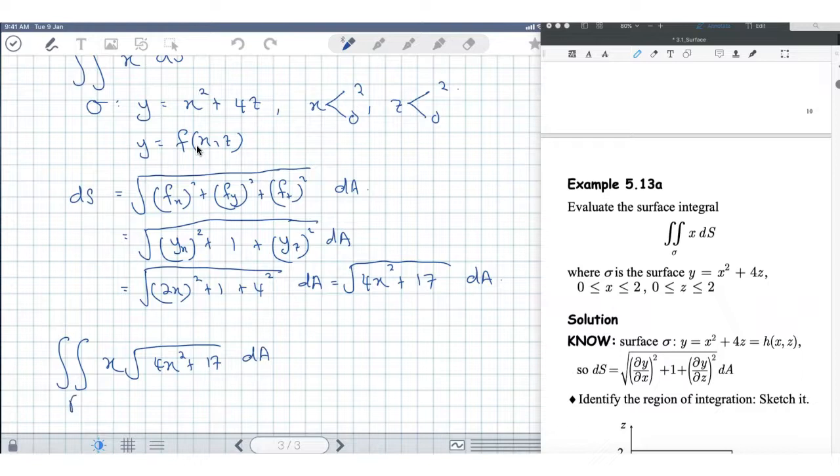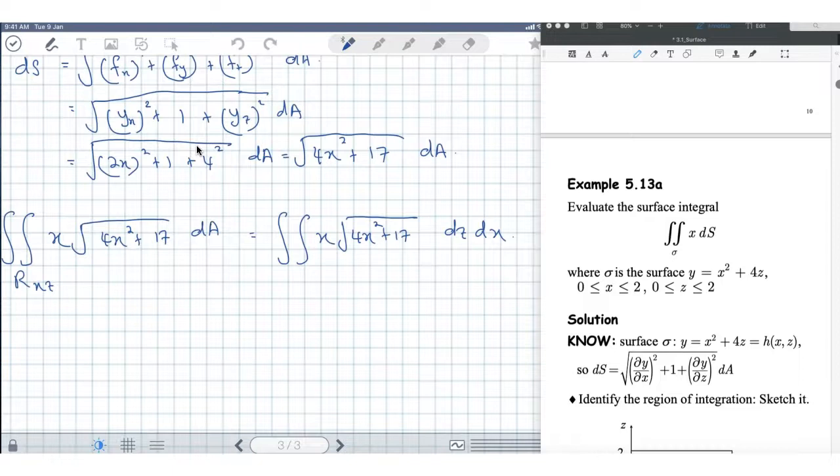And then we use R over the xz plane. Since the limits are given for x and z, we can use them directly, and since they are all constants, you can choose any order of integration that you want. So let's say I want to solve for z first, dz dx.